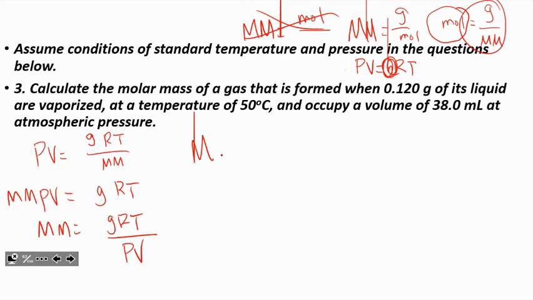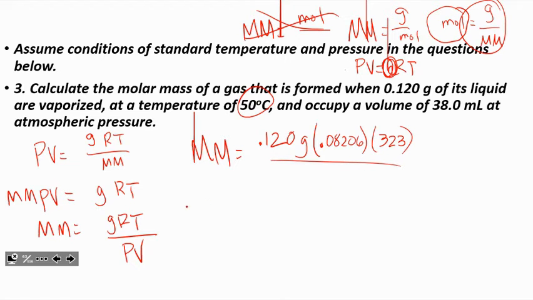Now we'll start subbing in information here. Our grams are 0.120 grams. We're going to multiply that by our R value, which is 0.08206. We're going to multiply that by our temperature, but remember the temperature has to be in Kelvin. So if I add 273 to that, I end up with 323.